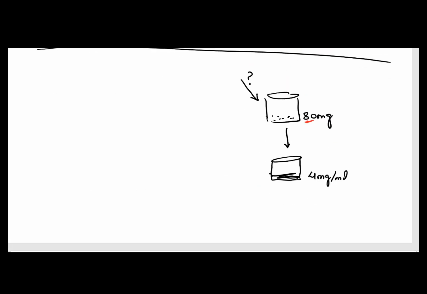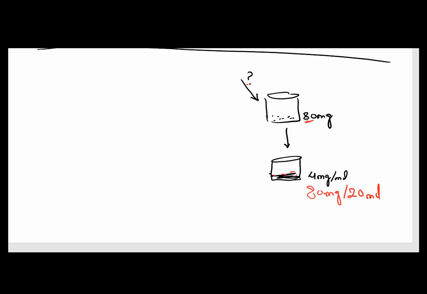For the final volume, I'm only given the concentration, but I want to find out the actual amount of drug and the actual amount of fluid. So if 4 milligrams is present in 1 mil, 80 milligrams will be present in 20 mils. So I know now that the final volume after I reconstitute it is 20 mils, right?